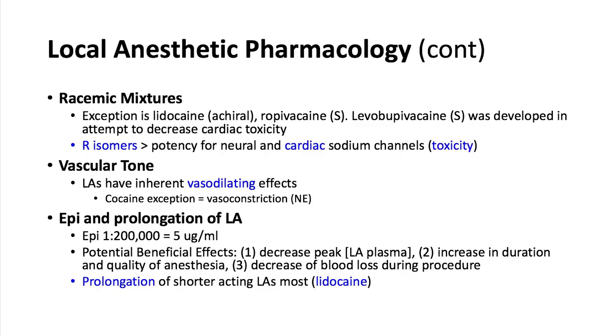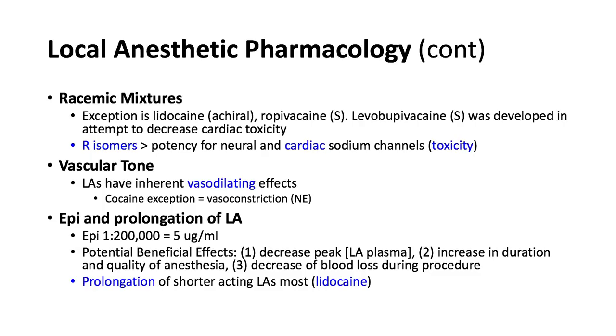So cocaine has inherent vasoconstricting properties. When it is used in the nose for ENT surgery, it not only provides topical anesthesia, but also vasoconstricts the blood vessels, reducing blood loss during nasal surgery.